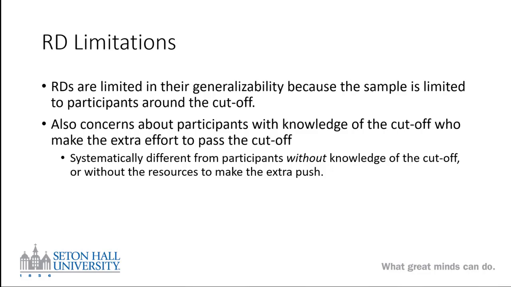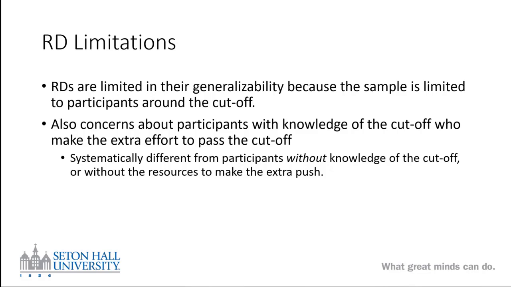So a student who scores a 14 on the ACT, but knows I need a 15 to get into this college, and their family has the resources to both know that that cutoff exists and to know how they can improve their score, those students are going to go that extra few inches just to make the cutoff, right? And that is going to make them systematically different from participants who don't have knowledge of the cutoff or without the resources. They may know the cutoff exists, but they don't have the resources to make that extra push, right?